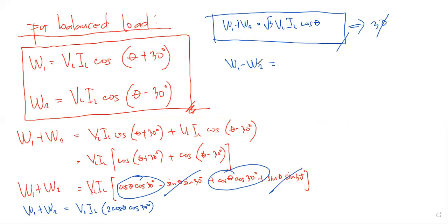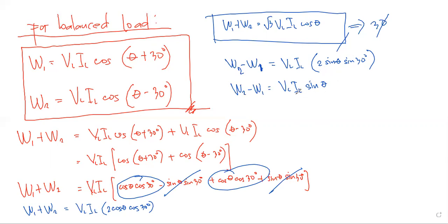Okay, so let's say we subtract wattmeter 2 minus wattmeter 1. What will remain is VL IL and then 2 sine theta sine of 30. The cosine theta and cosine 30 will cancel out. And this will result to VL IL multiplied by sine of theta, since 2 sine of 30 is 1.